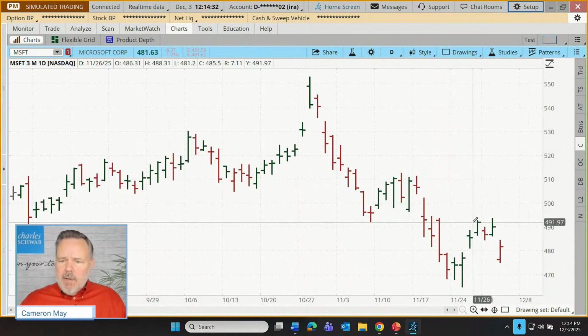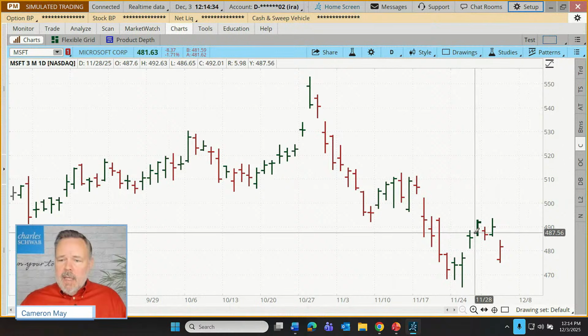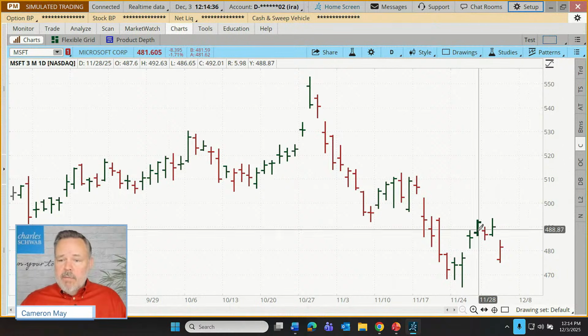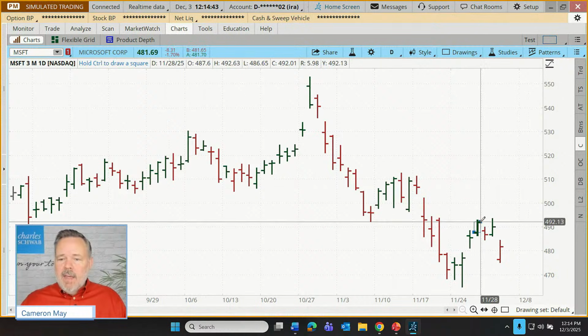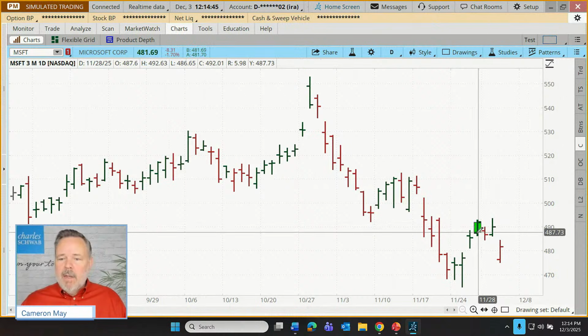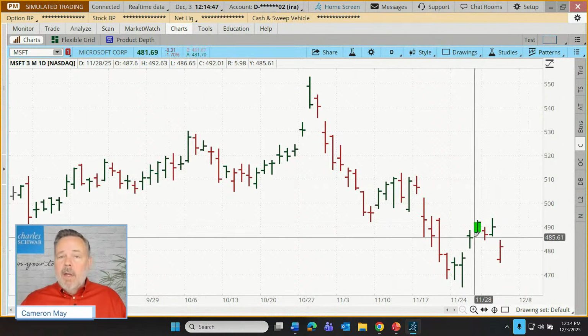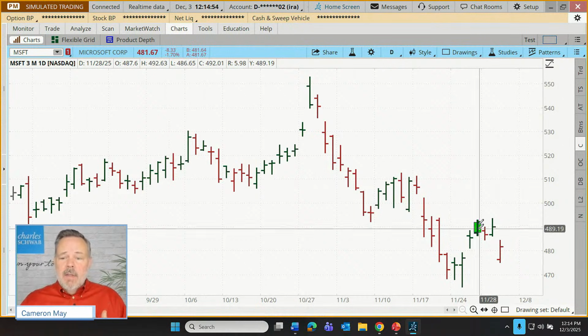It just basically draws a box using the open and the close values. So if we use this green bar from a few days ago, a candle's going to do this automatically. Basically, it's going to draw a box from open to close, and then it's going to color scheme that according to whether we rose or fell during the trading session.